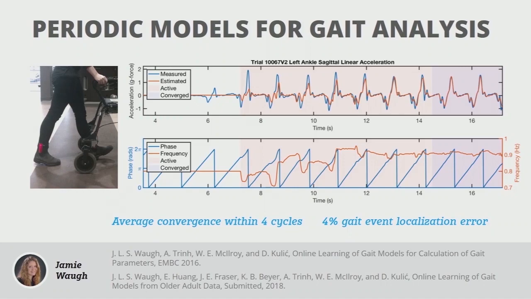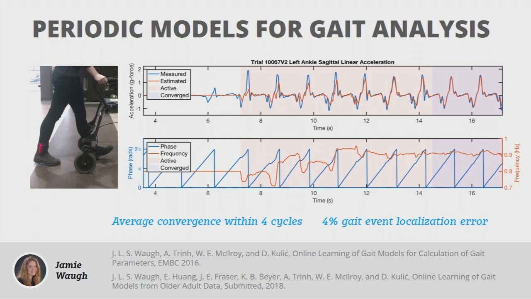With gait analysis, gait information is quite useful for a number of clinical applications, including predicting fall risk and also tracking disease progression for a number of both motor and other diseases such as stroke and diabetes.